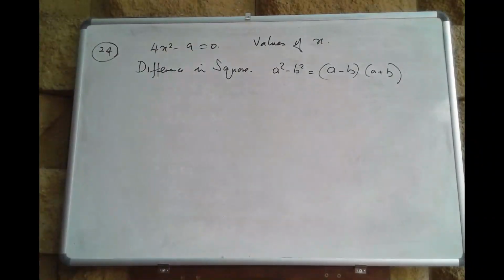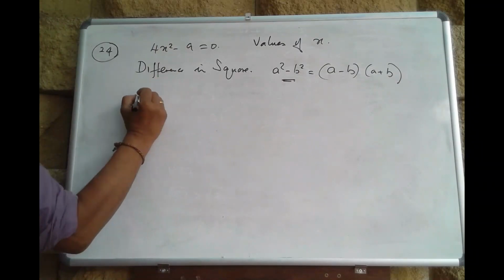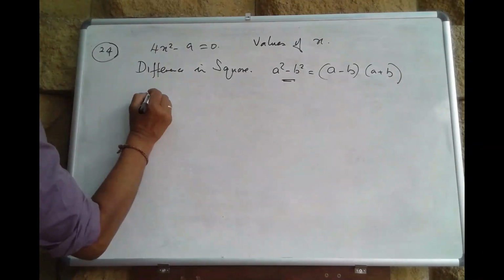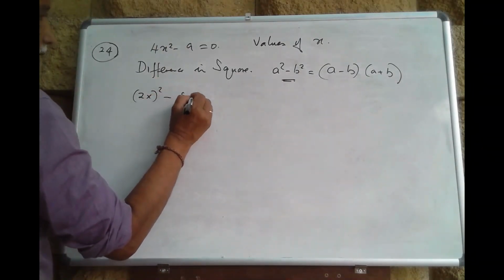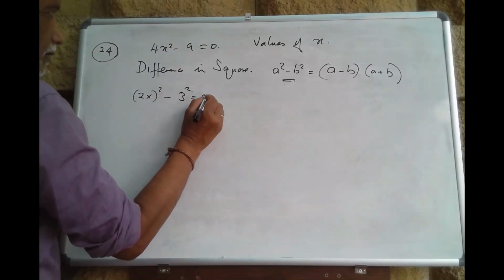So I'm going to write this in that form. Instead of 4x squared I'm going to say 2x, the whole thing squared, minus 3 squared is equal to 0.